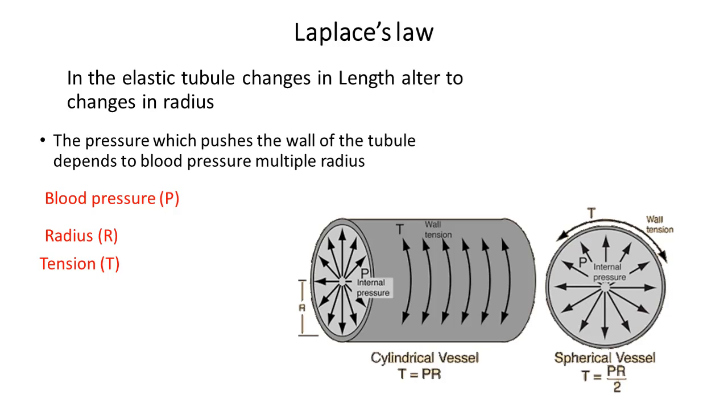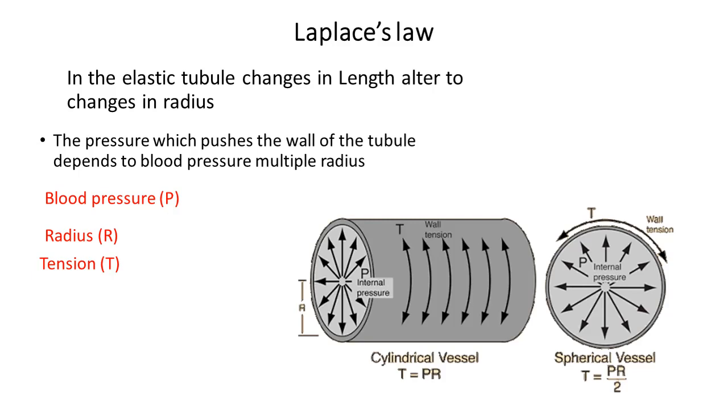So what's the importance of Laplace law in the circulatory system? Let me show this importance by an example. Imagine the radius of a vessel or a capillary is 1, and the pressure of that capillary is 30 millimeters of mercury. So the tension on the wall of the capillary is 30. So what happens if pressure increases from 30 to 50 millimeters of mercury?